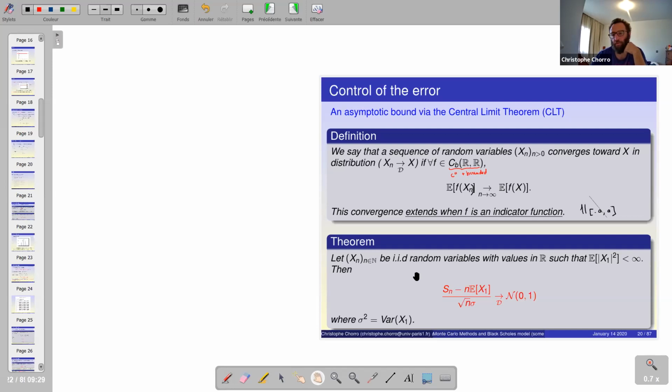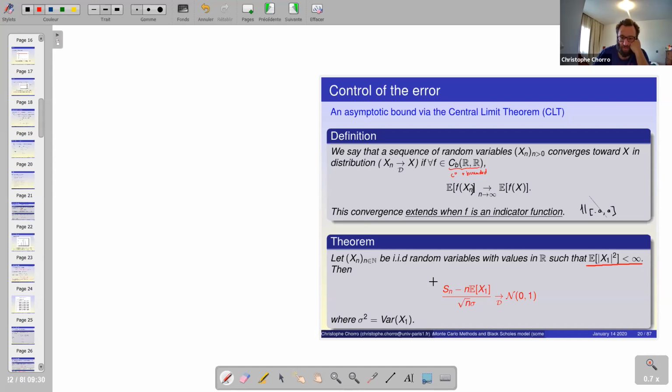Then if I suppose them to be in L2, so here the hypothesis is a little bit stronger than the one in the strong law of large numbers. I need them to be in L2. That is, the variance exists, and so the expectation exists. Then this quantity converges in distribution toward an N(0,1), where sigma square is the variance of X1 that exists, and here I have the expectation of X1 that also exists because I have this integrability condition here.